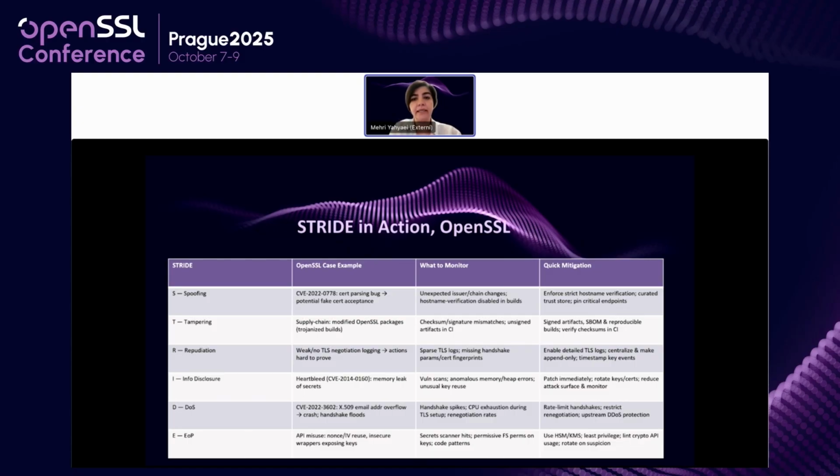You can see here the STRIDE steps and OpenSSL case examples based on CVEs. Most of them are based on CVEs. And what should we do, what to monitor, and quick mitigation, because we are talking about the compliance and evaluation process.